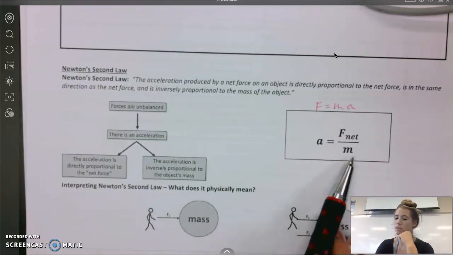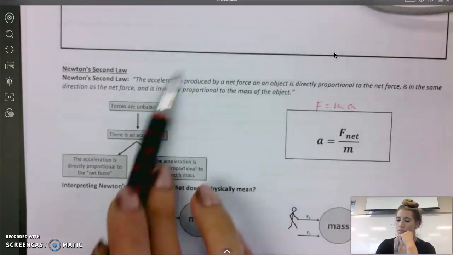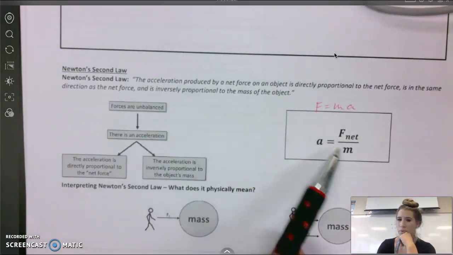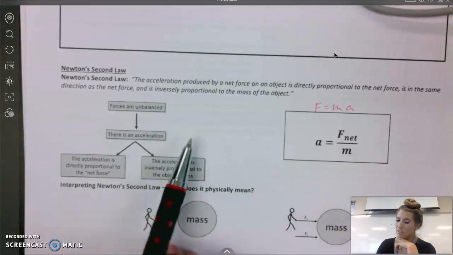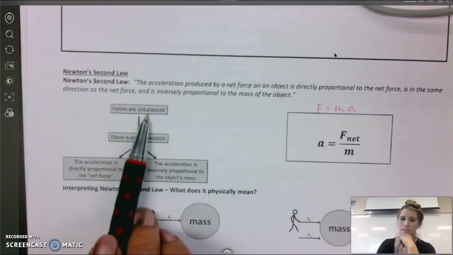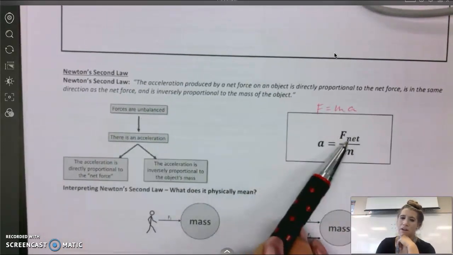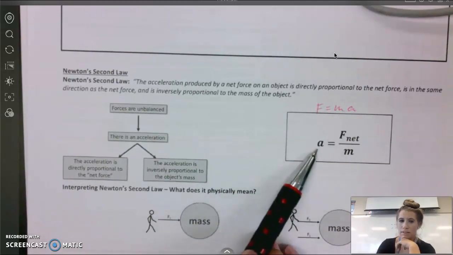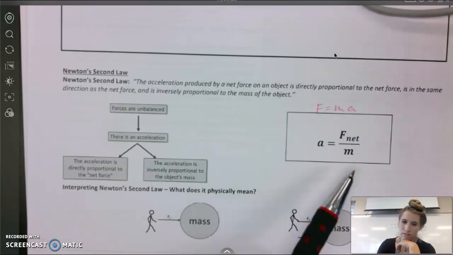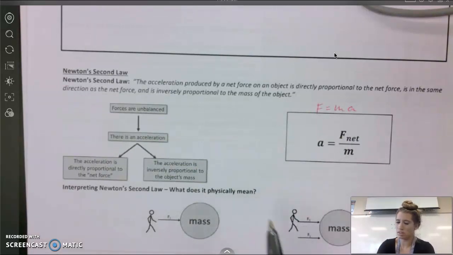Okay. What was said here was just represented there. If you understand this equation, then you're good. Forces are unbalanced, which means we have some net force that is not equal to 0. Then there is going to be an acceleration as long as there's a mass, which there always is.